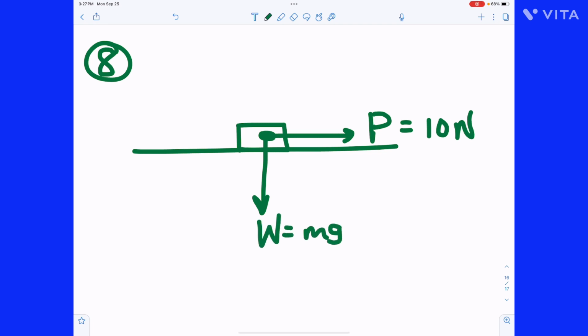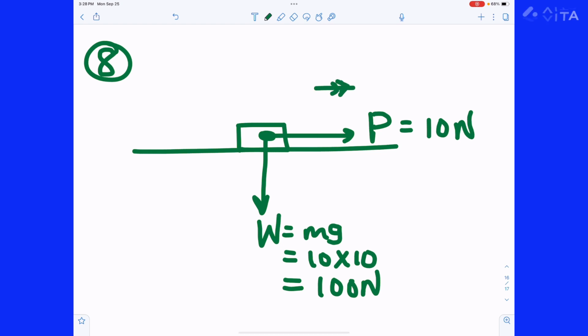Weight is mg. That's 10 times 10. That's 100 Newton. Drags a mass of 10 kg with an acceleration A of 0.2 meter per second squared. You understand?